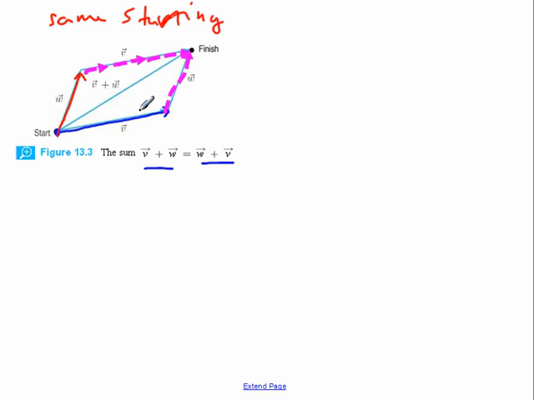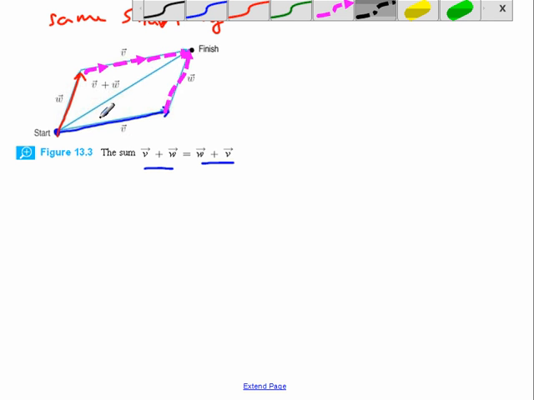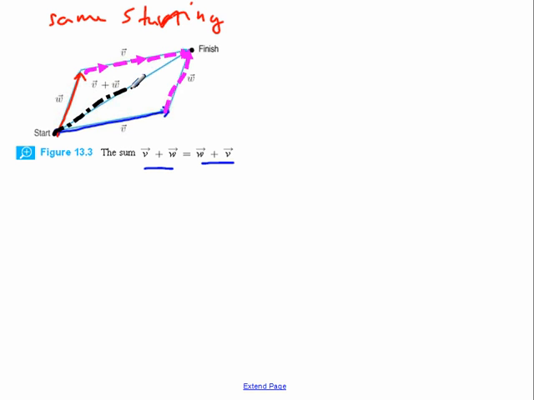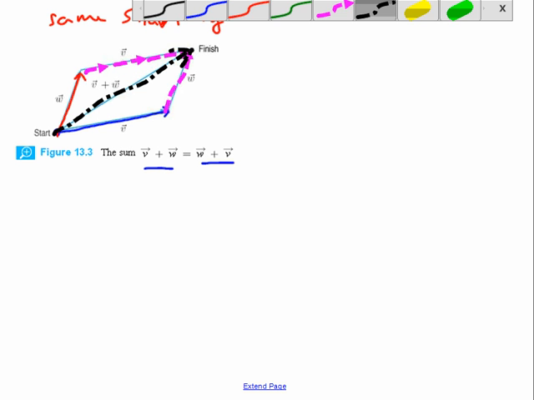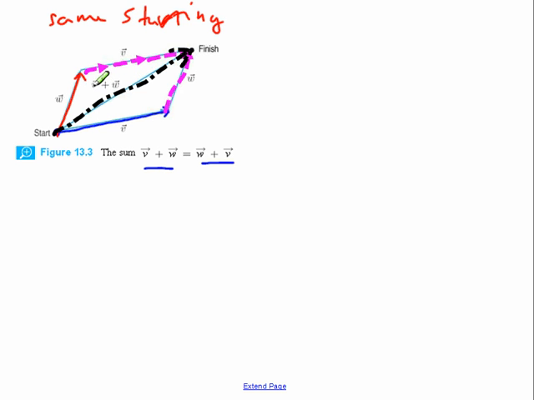And after we construct the parallelogram, our sum vector, the sum of v plus w, is the vector right here, which goes from where we started to the opposite side. And that is our sum of v plus w.